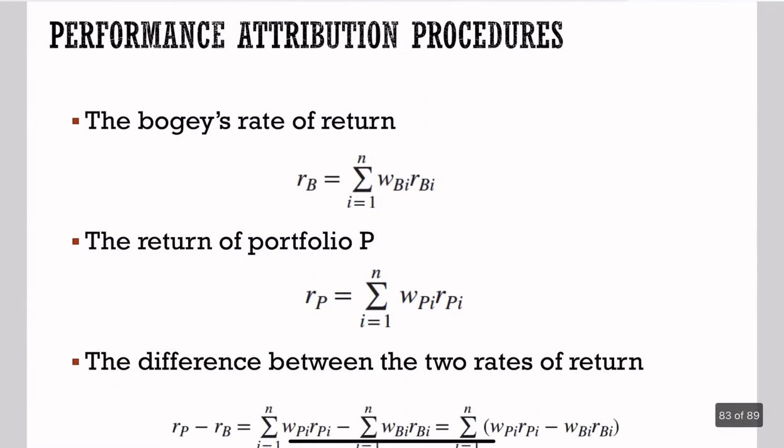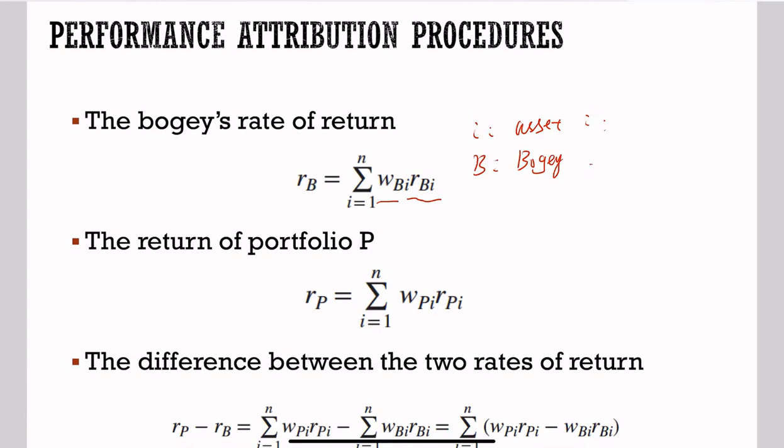Okay, so how do you calculate the bogey portfolio's rate of return? Well, it's pretty simple, right? Let's say i refers to asset i, and B refers to the bogey portfolio.